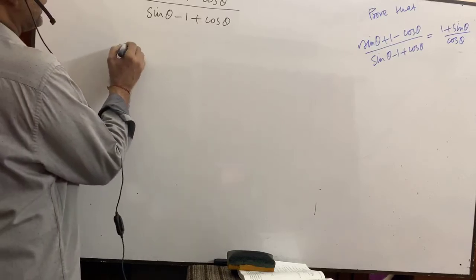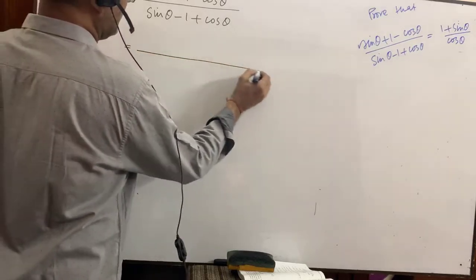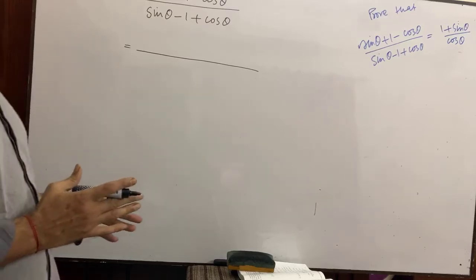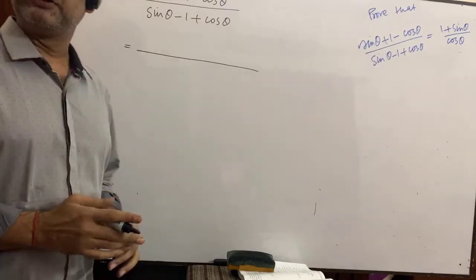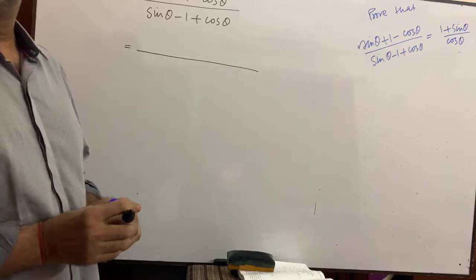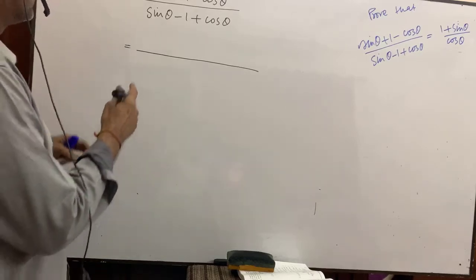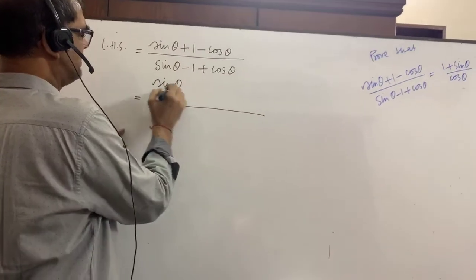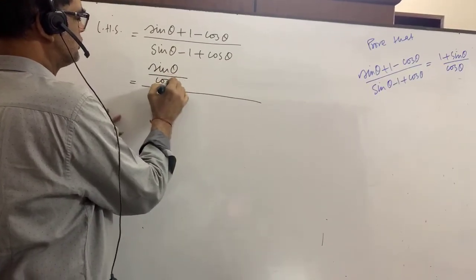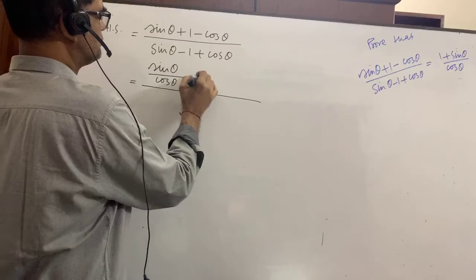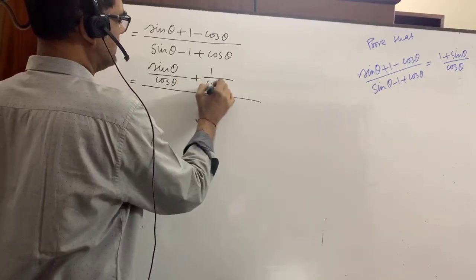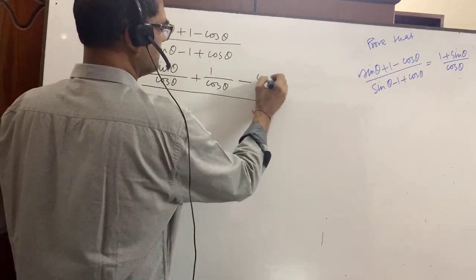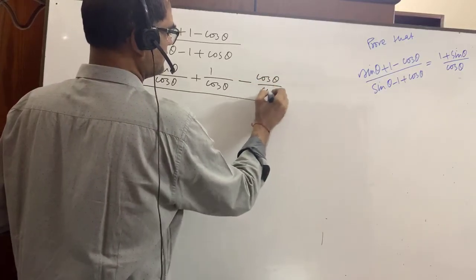So what is to do here? I have to divide all the terms of both numerator and denominator by cosine theta. That means we can write here sin theta by cos theta plus 1 by cos theta minus cos theta by cos theta.